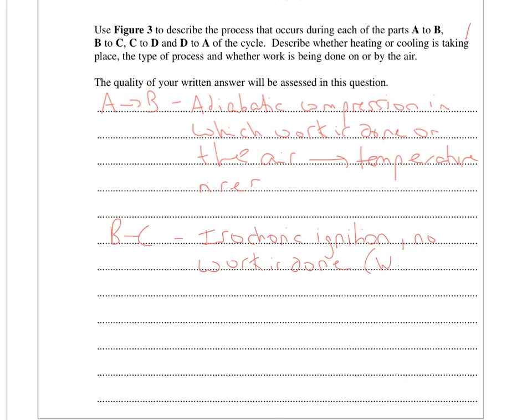As remember, work is P delta V, so if delta V is 0, there's not going to be any work done, but temperature rises. Because if volume is kept the same and your pressure is changing, your temperature must change as well, using your ideal gas law.